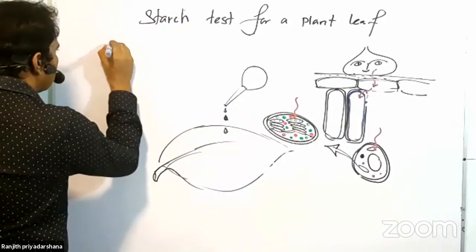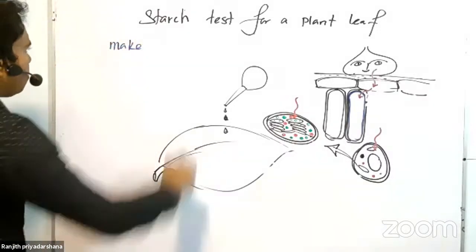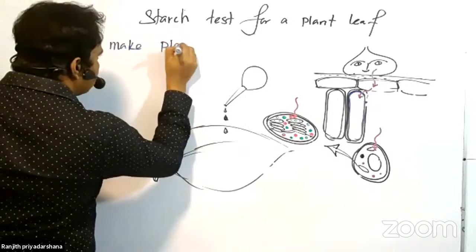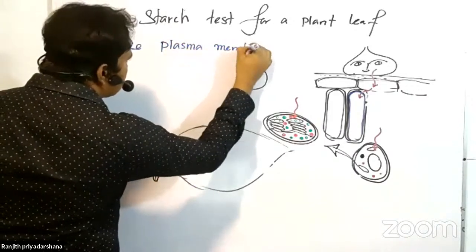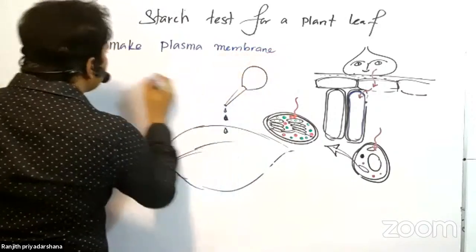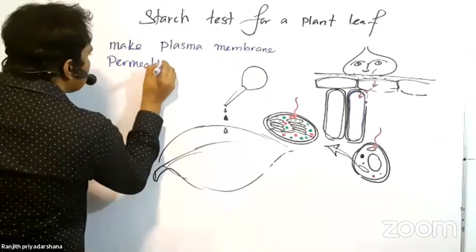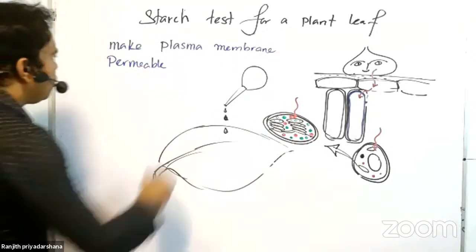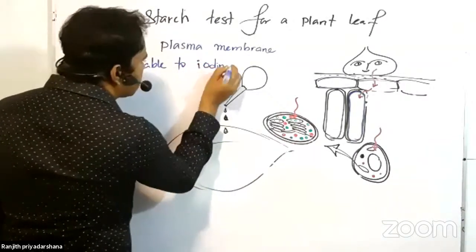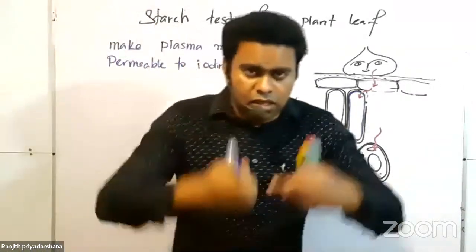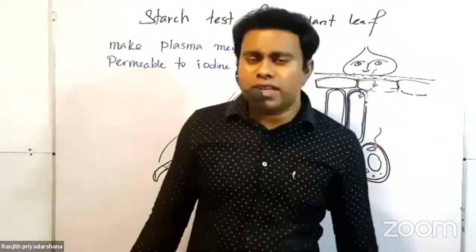Yes, make plasma membrane permeable to iodine. How to make the plasma membrane and cell wall permeable to iodine?